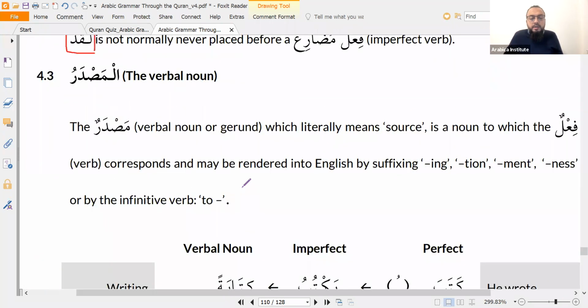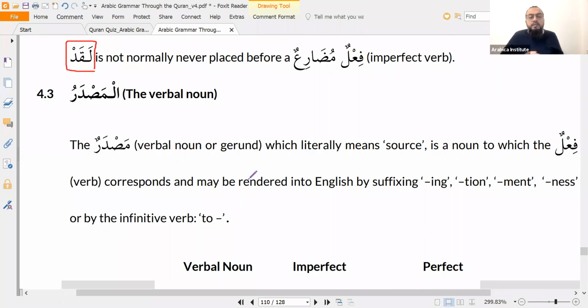Right, the verbal noun. What is the verbal noun? In very simple terms, firstly, it's a noun, not a verb. Why is it called a verbal noun? It's a noun that refers to the concept of the action. Every verb has a noun that refers to the concept of that action.